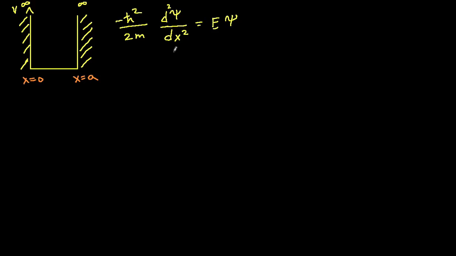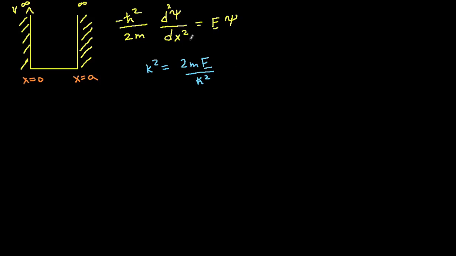Okay, so first we can simplify. Let's make this substitution. We're going to say k squared is equal to 2mE over h bar squared.